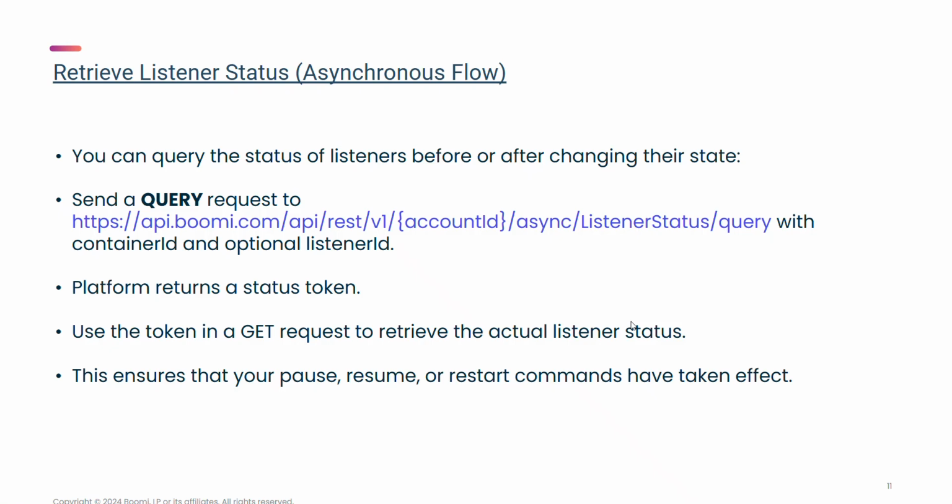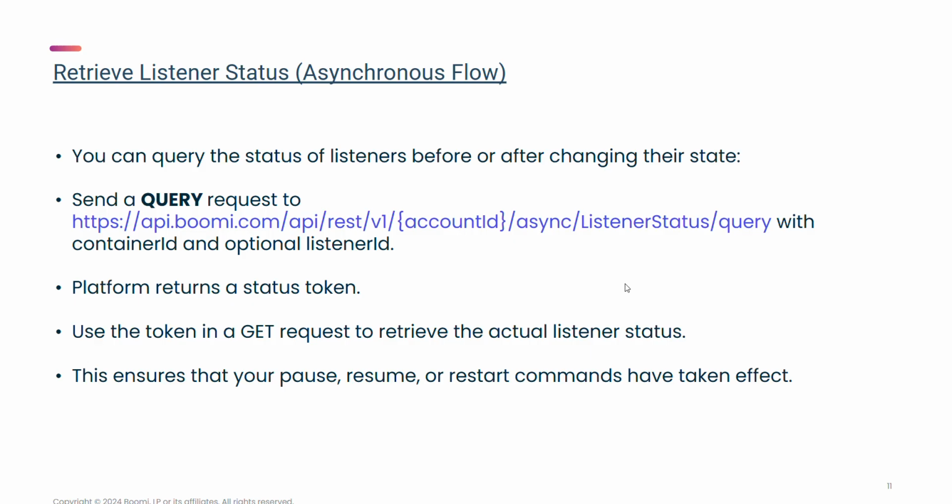So we can retrieve the status of the listener once the change listener status API has been triggered. This is the endpoint ending with async listener status query. It is used to query the current status of the listener once it is paused or resumed.